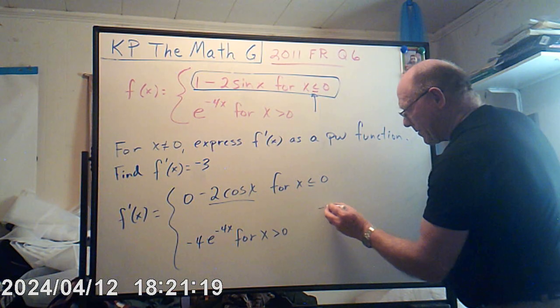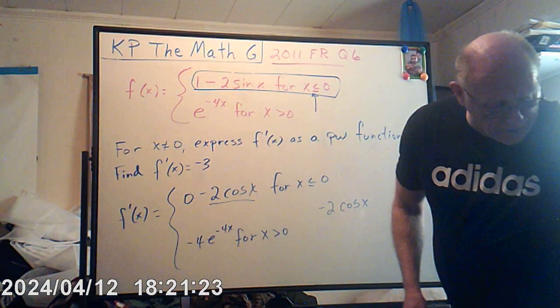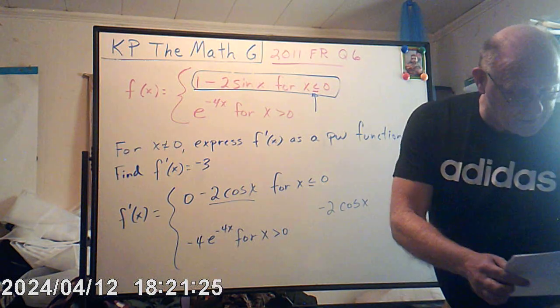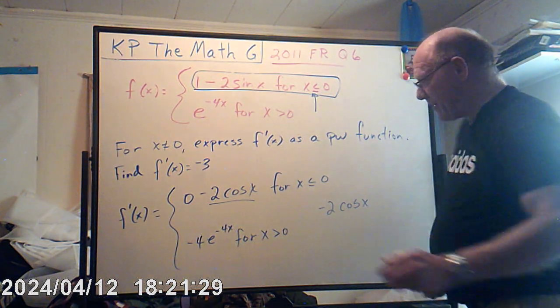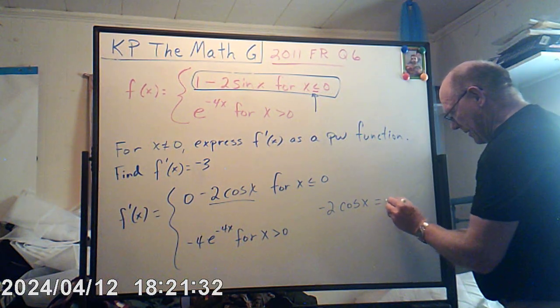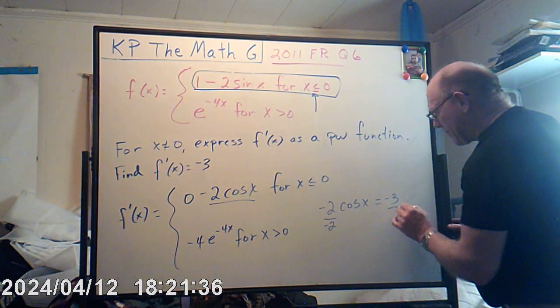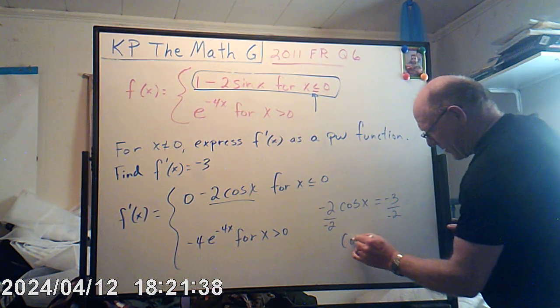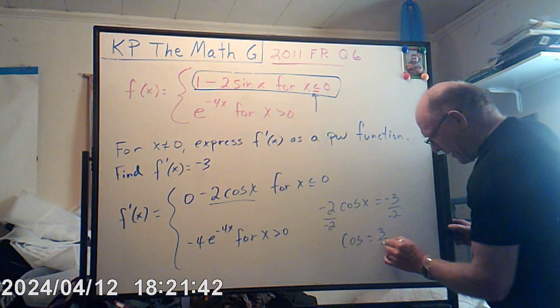So -2 cosine x. All right, so -2 cosine x is equal to -3. When we divide by -2, guess what we get here? Cosine x is equal to positive 3 over 2.